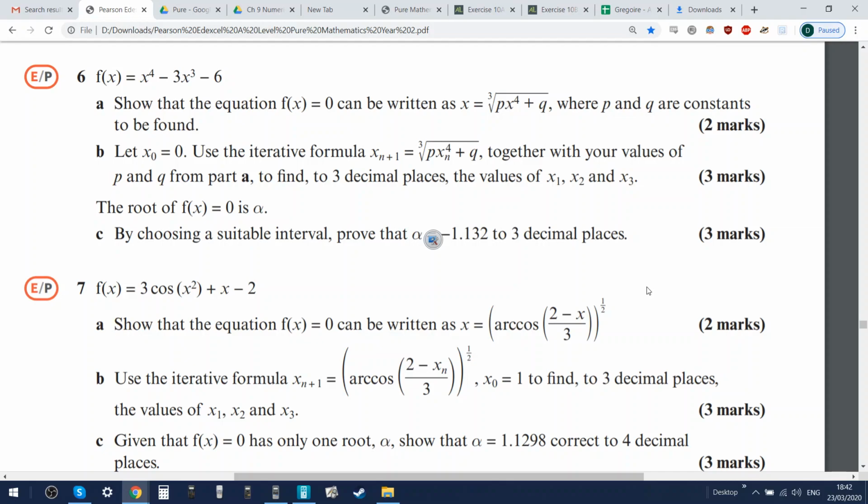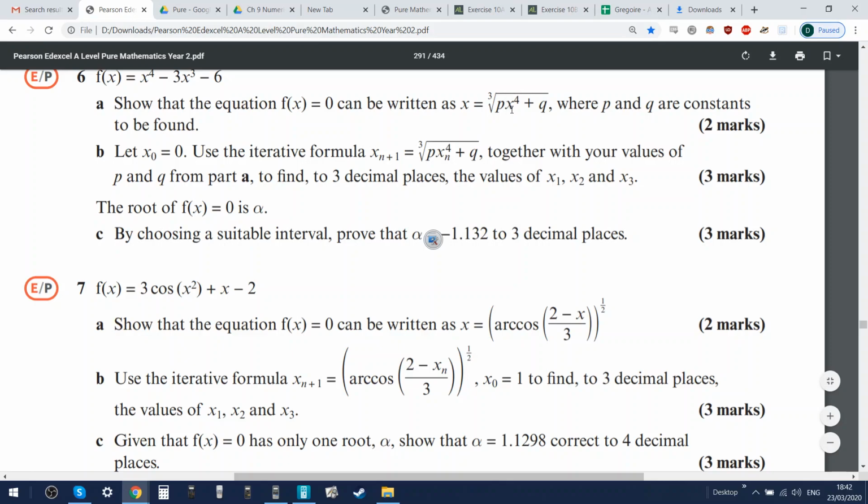I would change it to be p over 5. If it was 2x to the 4 over 5, I would say p is 2/5, and then do the same with q. If q was 3, then that's 3/5, something like that. I see. Okay.